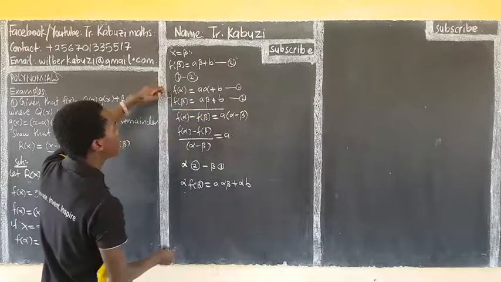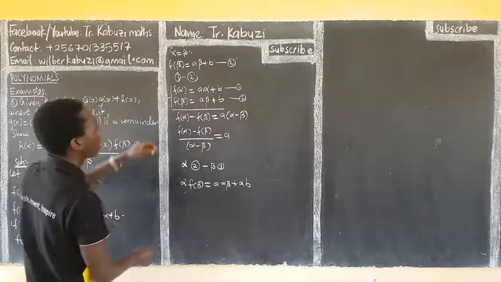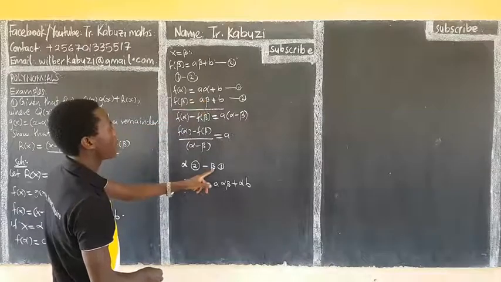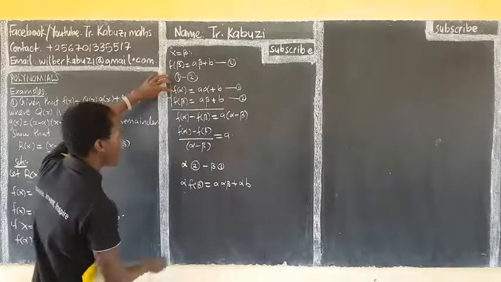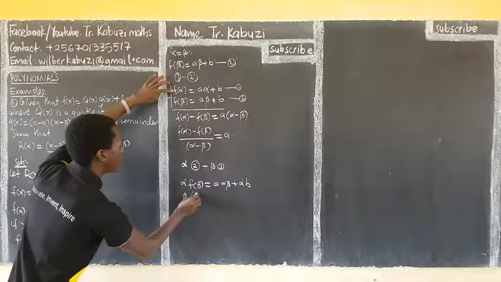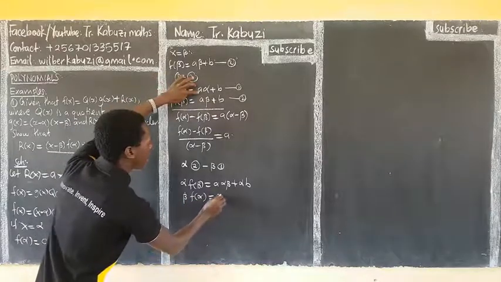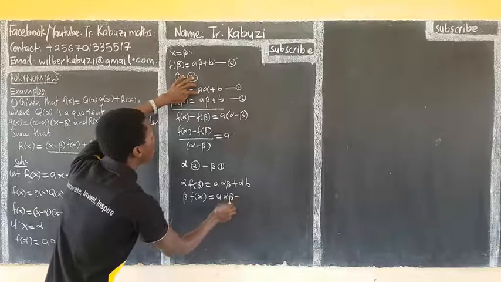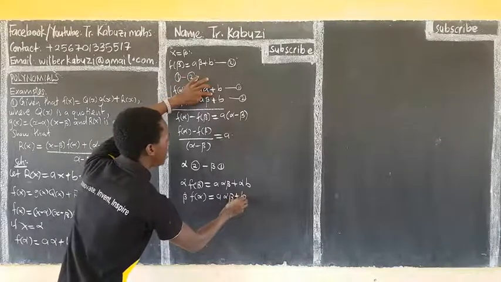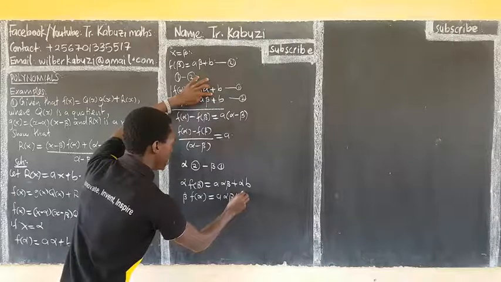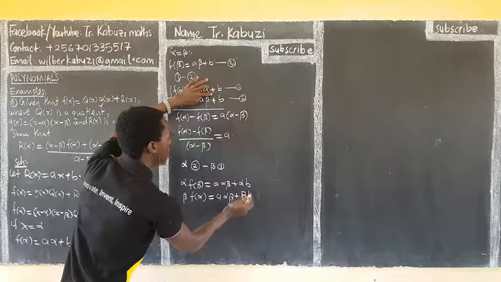Then minus, in equation 1 we are multiplying by beta. Multiplying here by beta, I have beta f of alpha equaling to a alpha beta, then plus beta b.